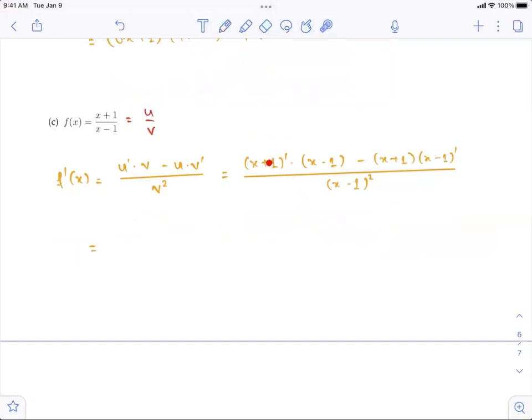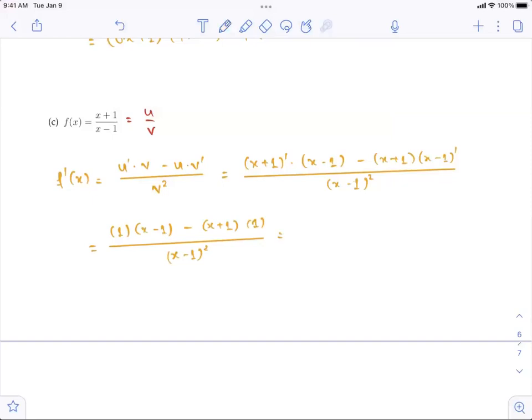So the derivative of x plus 1 becomes 1, right? Because the derivative of x is 1 and the derivative of the constant 1 is equal to 0. So you just have 1 times x minus 1 minus x plus 1 times the derivative of x minus 1, which is also equal to 1, divided by x minus 1 squared.